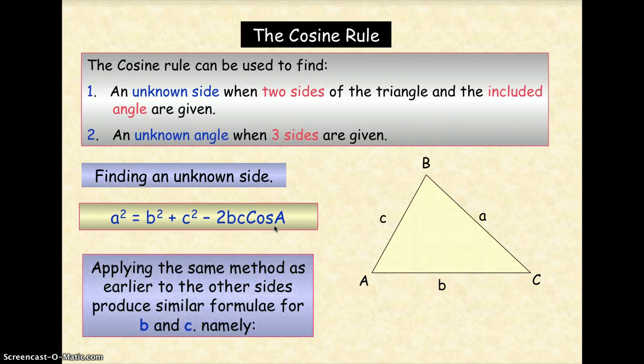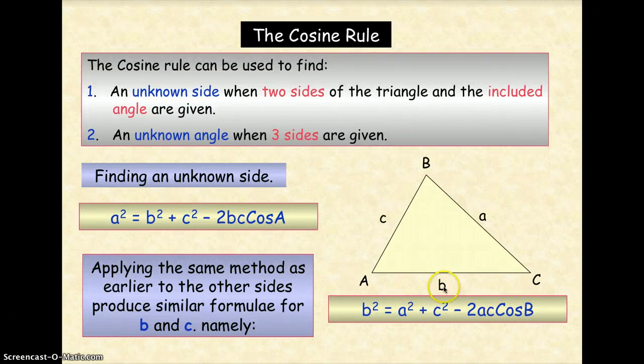This method applies to the same thing if you're looking for side B or side C. If you are missing side B, it should be angle B that is given, so that you can put the value of B in the cosine.